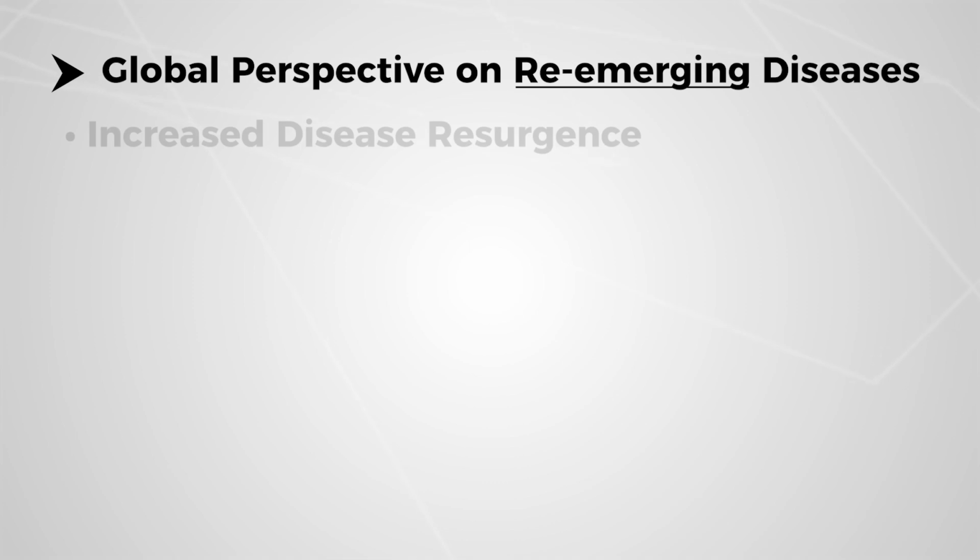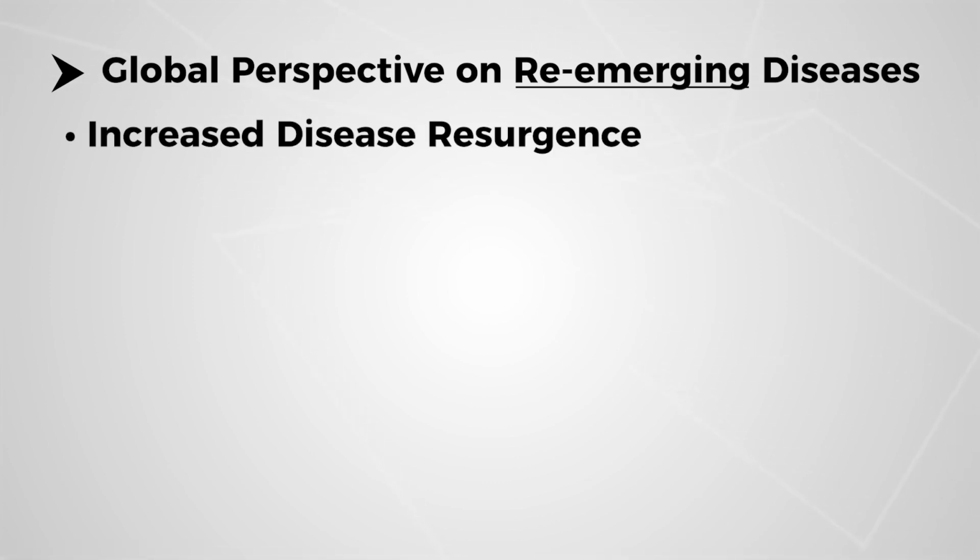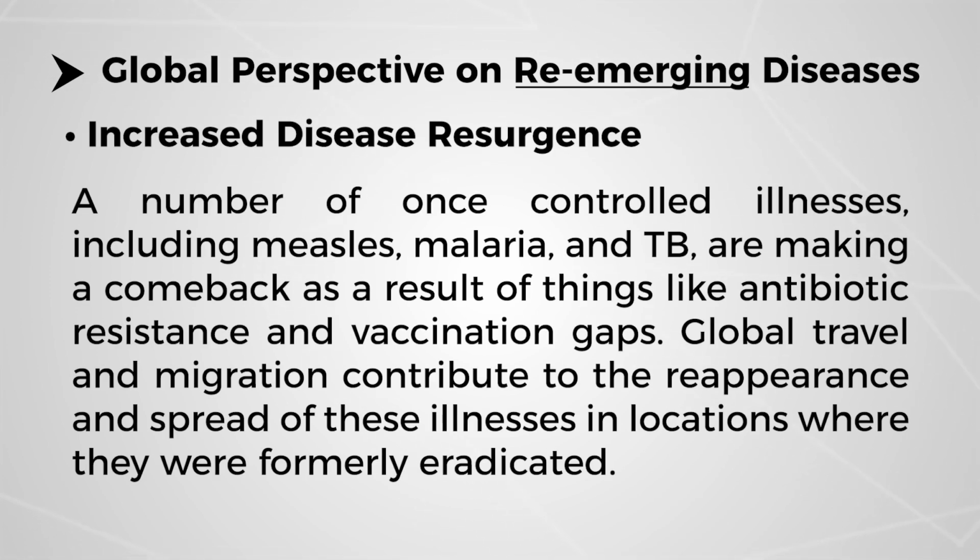Now the global perspective on re-emerging disease: a number of once controlled illnesses, including measles, malaria and TB, are making a comeback as a result of things like antibiotic resistance and vaccination gaps.